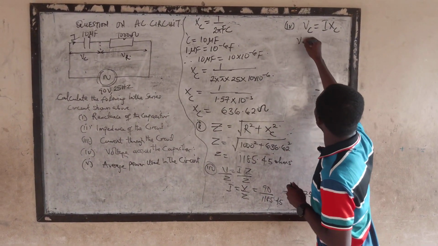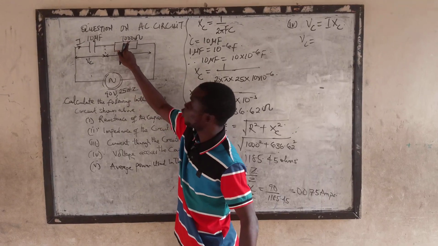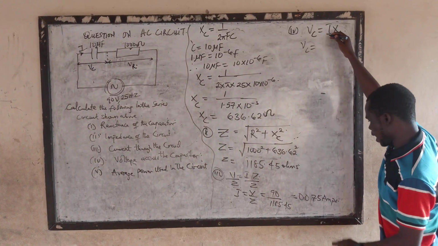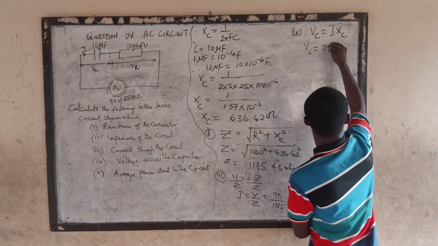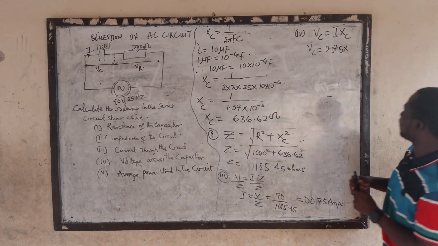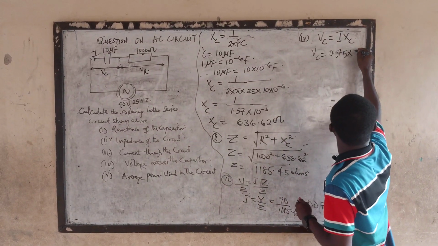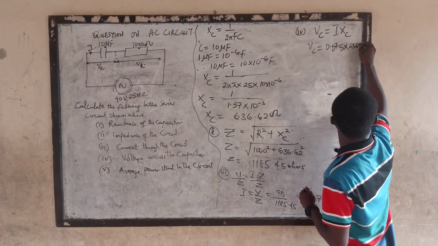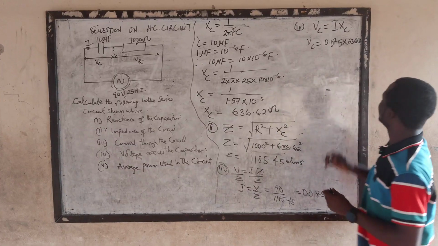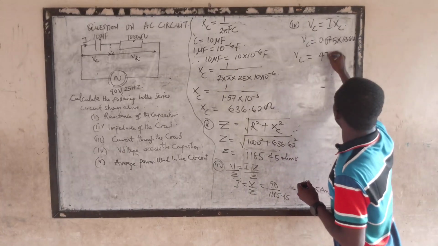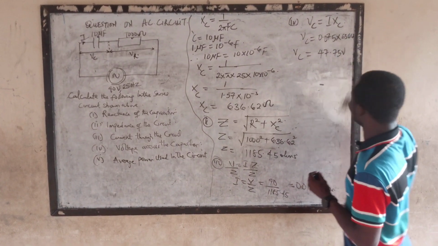The current flows through the capacitor and the resistor because they are connected in series. So I is 0.075 times X subscript C, the reactance of the capacitor, 636.62. Multiplying that together, V subscript C equals 47.75 volts.